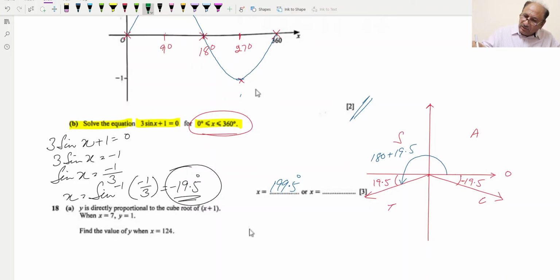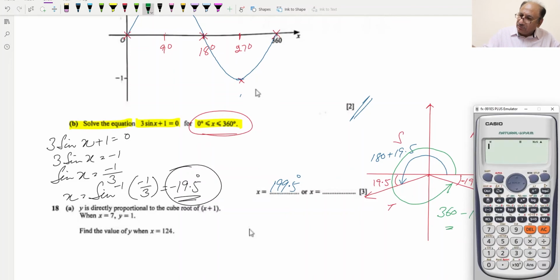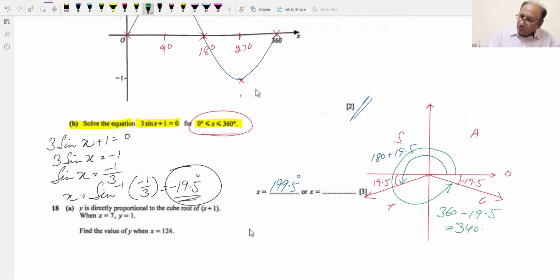Again starting from here, the second angle we will be taking is this one up to this, which is 360 minus 19.5, and this will be 340.5. So we can write here 340.5 degrees. So these are the two answers which are within this range. The rest of the angles will not be in the range.